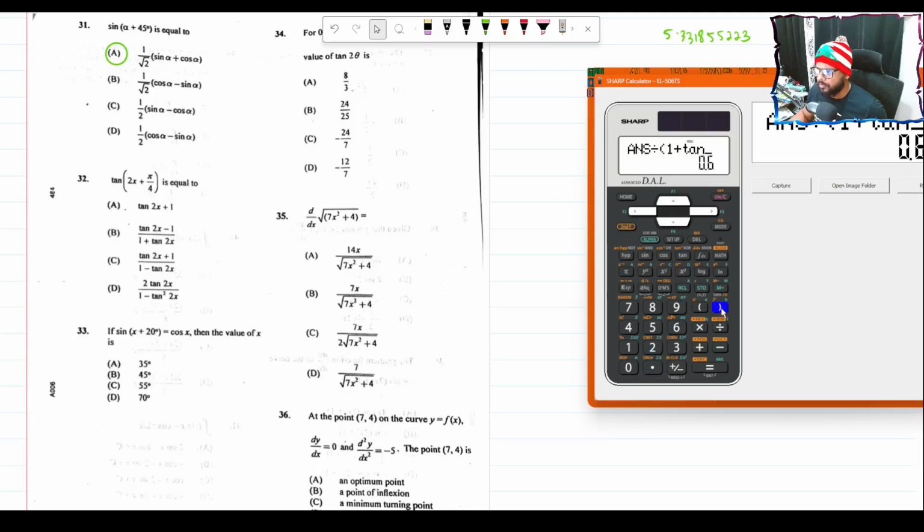Did I use tan of 0.6 in the beginning? I can't remember. Yeah, I did. Tan of 0.6, take away 1. Okay, so B is not the answer. Tan of 0.6 plus 1 divided by 1 take away tan of 0.6.